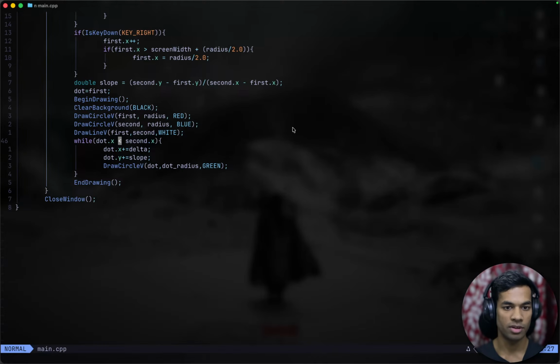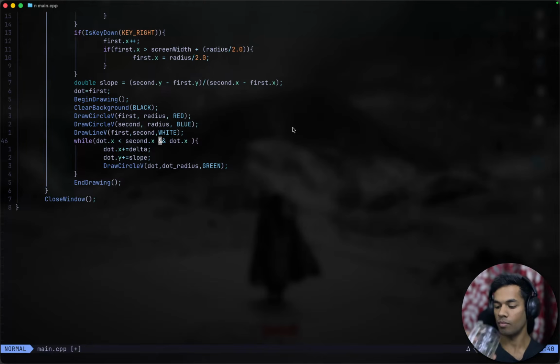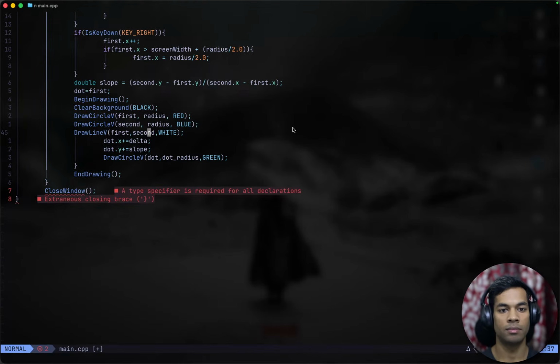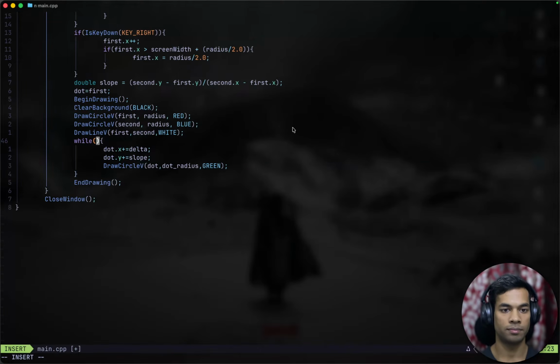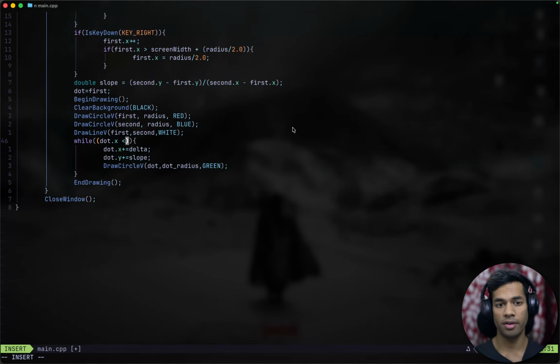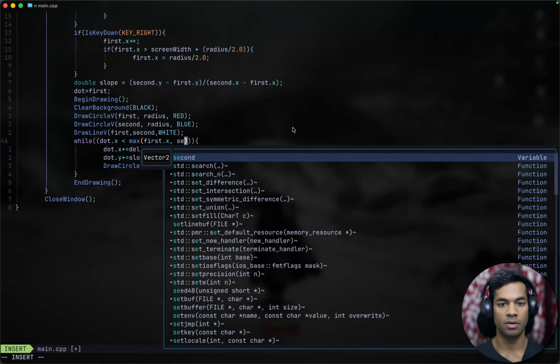And also we have to change this while this dot dot x is smaller than maximum of first dot x comma second dot x.